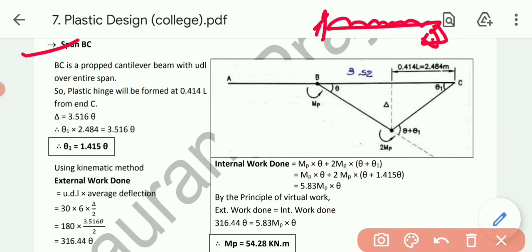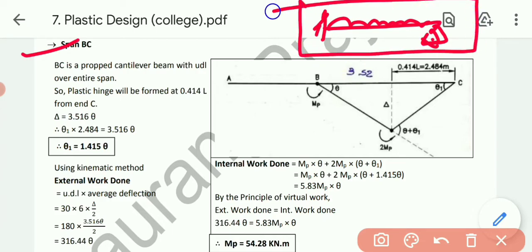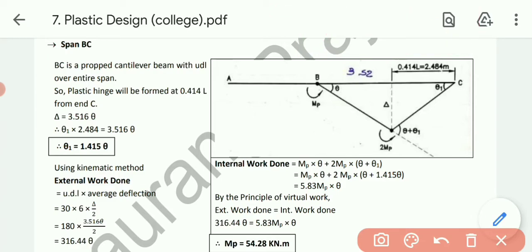So this is a case of a propped cantilever beam with UDL over the entire span. For this one, the theoretical criterion is that the plastic hinge will be produced at a distance of 0.414 L from the prop support. See, this is a propped cantilever beam.